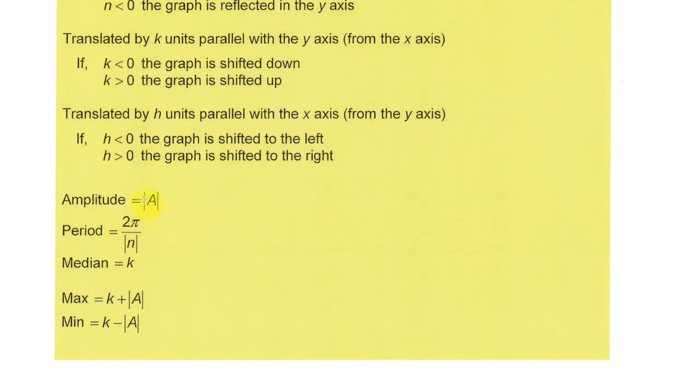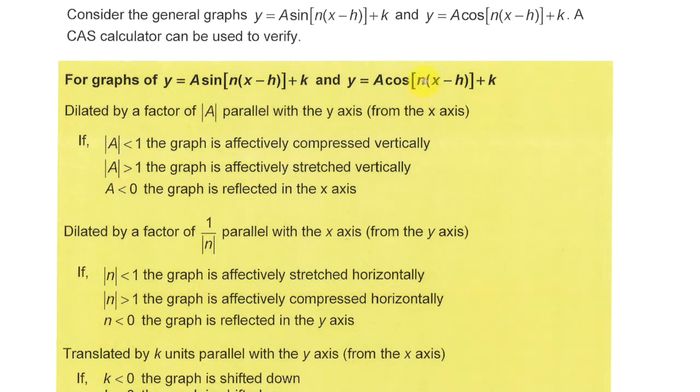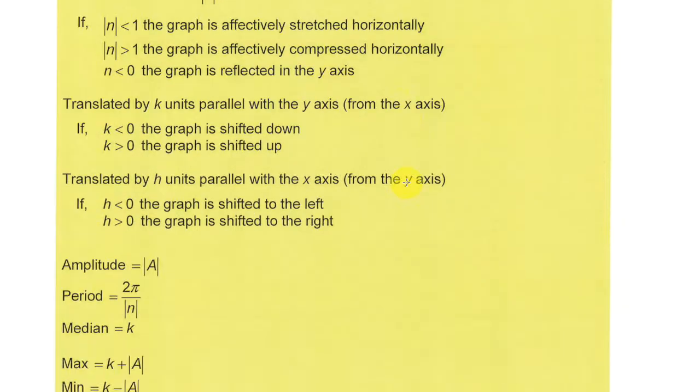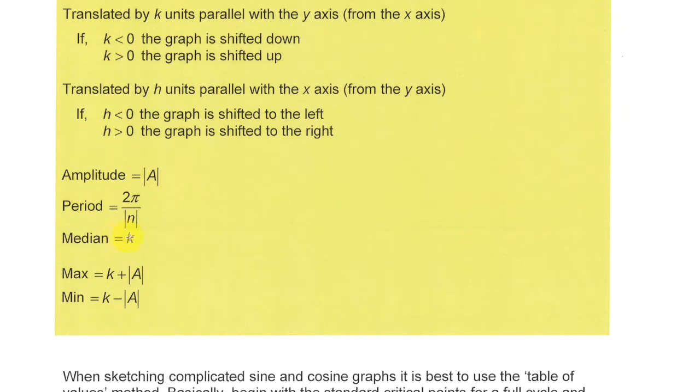All right, so that's what the straight lines mean, just magnitude. Your period is 2 pi over the magnitude of the number immediately in front of the x. Your median is k. The max will always be whatever that median is, plus the amplitude, and your minimum will be the median minus that amplitude.